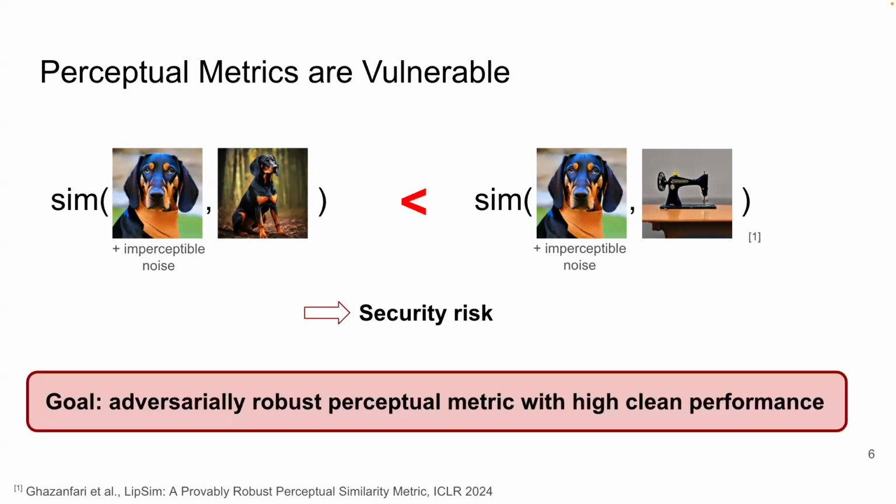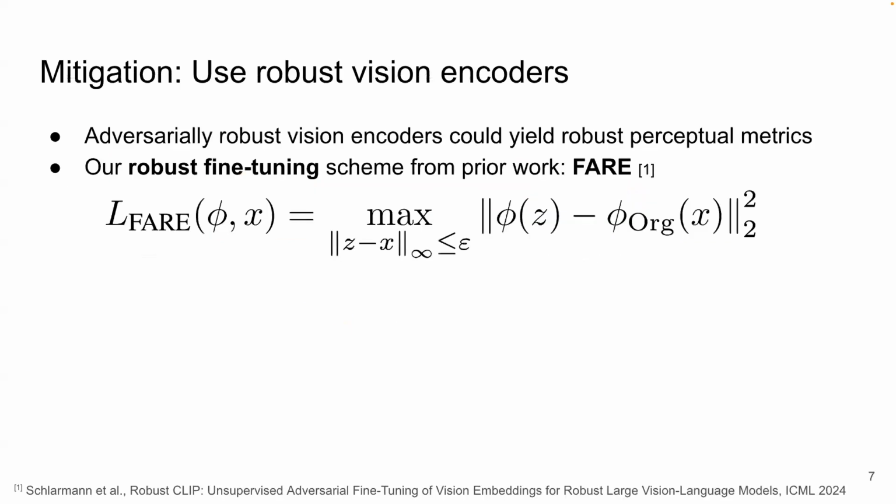So the goal in our project is to obtain an adversarially robust perceptual metric that also maintains high clean performance so that it's still usable in practical scenarios. As a mitigation, we propose to simply use robust vision encoders for these perceptual metrics. We have a work in last year's ICML where we show how one can obtain such robust vision encoders by fine-tuning existing pre-trained vision encoders.